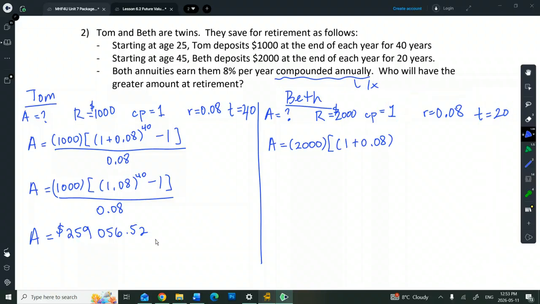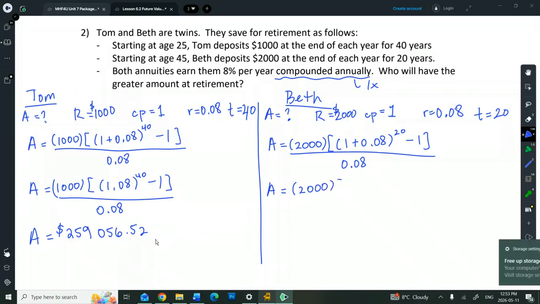So that's going to give us 20 compounds of the interest. And then 0.08 technically divided by 1 on the bottom there.